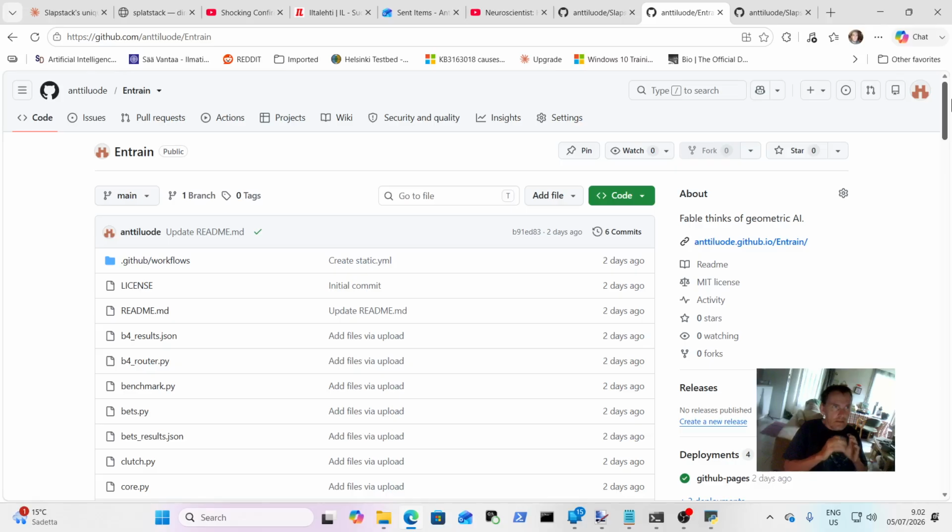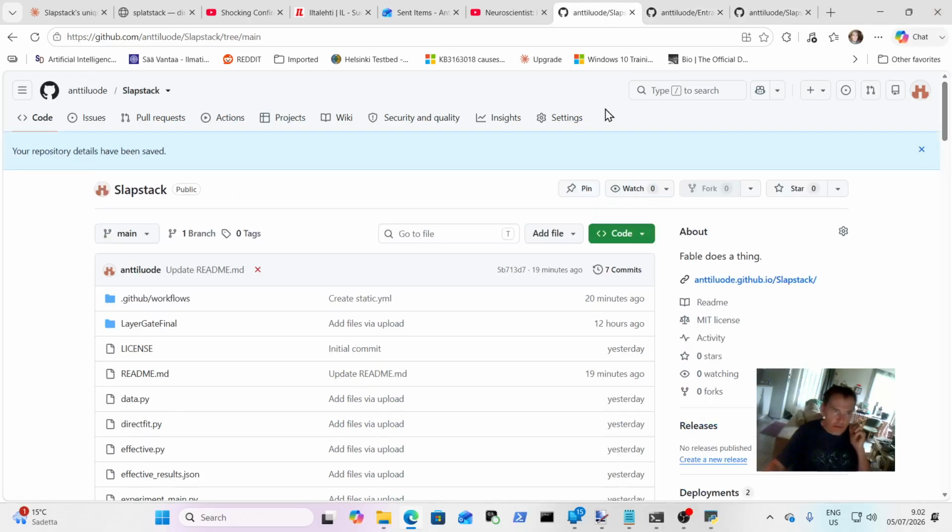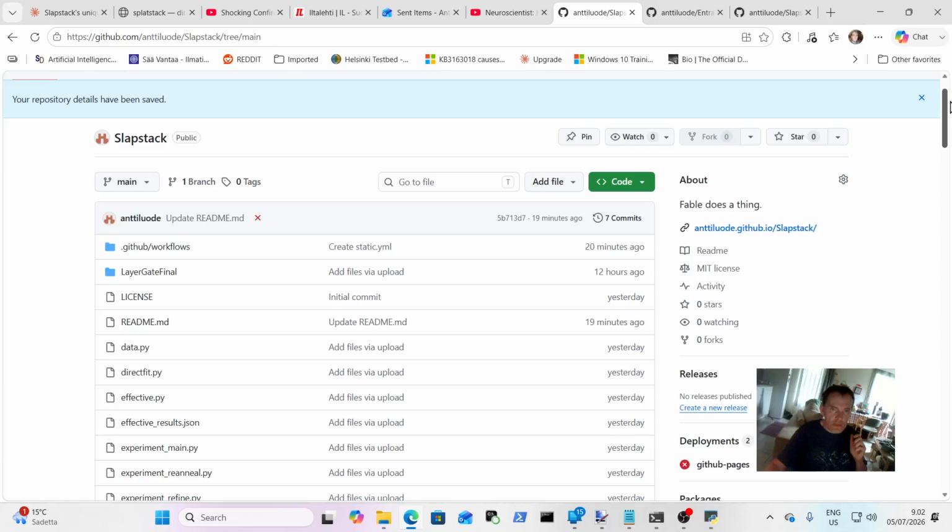I actually had DeepSeek turn some of this stuff into, remove all the biological terms and use it as an AI. It's just an AI and no biological terms, no talking of theta frequencies, gamma frequencies, whatever, no talking of brain. So I had Fable think about that result, and that ended up with slapstack. So this was kind of a sparse coding that happens in the brain.